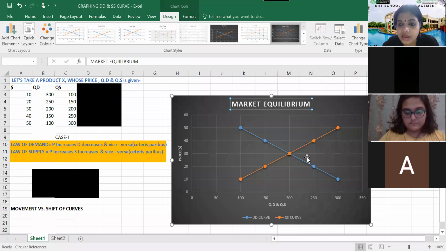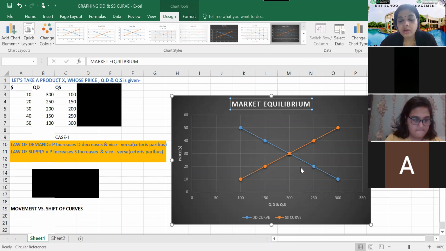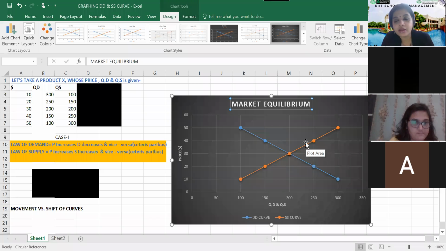And the market clears. You can call it market equilibrium, or you can call it the market clearing position, or the point where both demand and supply are equal. That is what in technical language we call market equilibrium. But in reality, this is an ideal stage. Everybody loves to be ideal, but is everyone ideal?